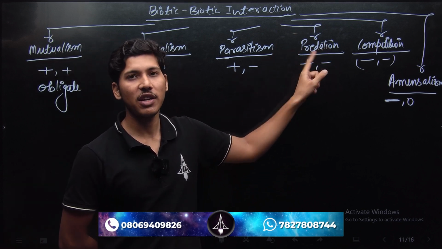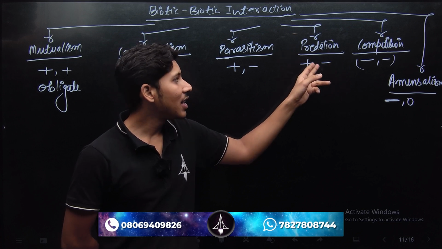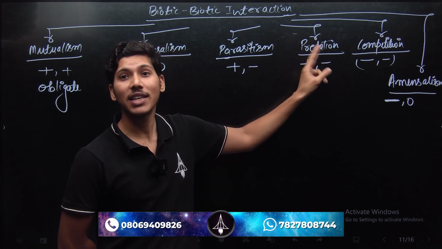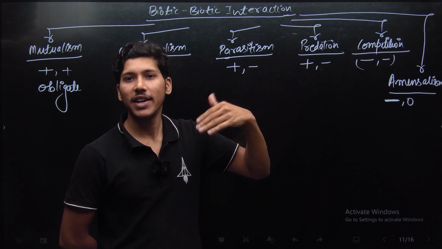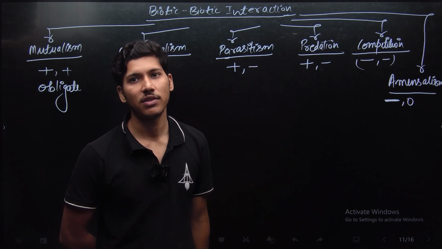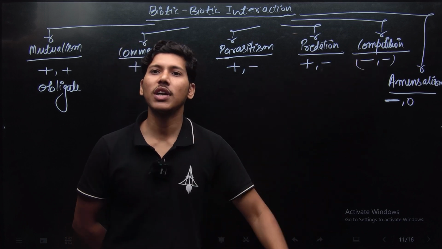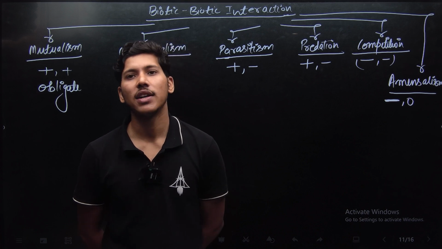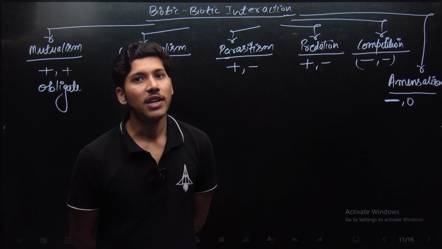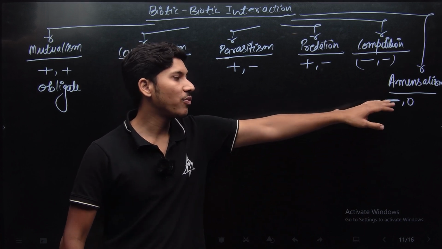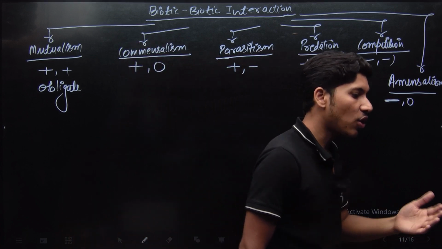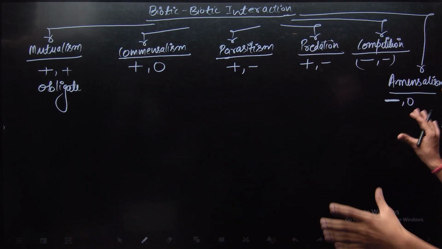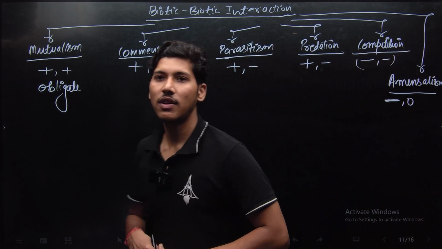One is benefited, one is harmed, but the one who is harmed is killed or dies instantly. Okay? In competition, both the competing counterparts are negatively affected, and in amensalism, one is negatively affected but the other one is neither positively nor negatively affected. So these are the 6 interactions that we needed to study.